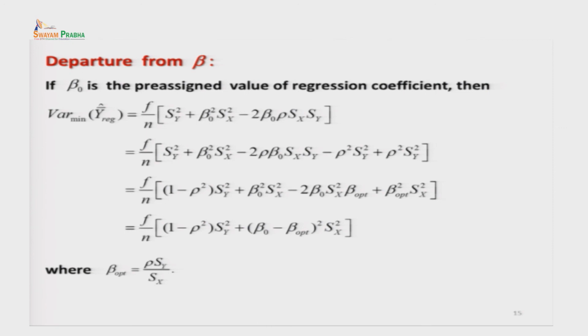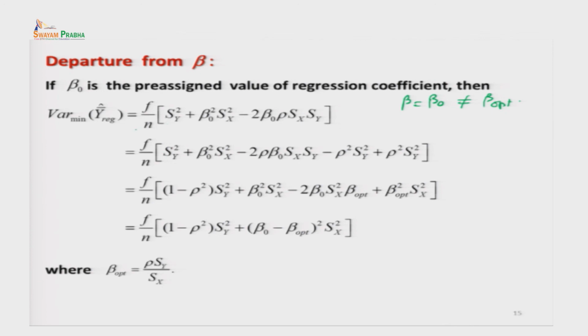Now, suppose the value of beta known to us is beta 0, and this is not equal to beta optimum. Then we try to rewrite the same expression we had obtained for the minimum variance of this regression estimator and see what happens.